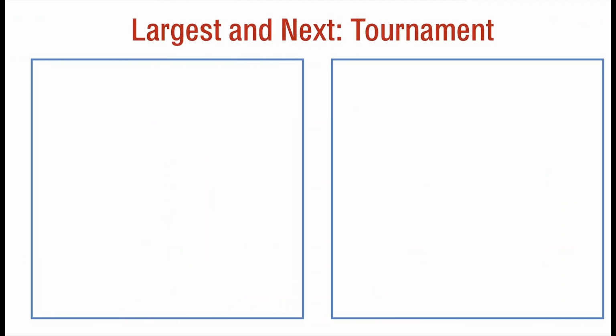Now let us see whether there is something more to this if we build our tournament structure. So let us build our tournament structure and see what happens with this case example.